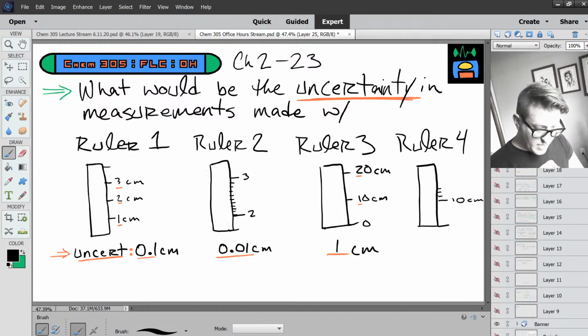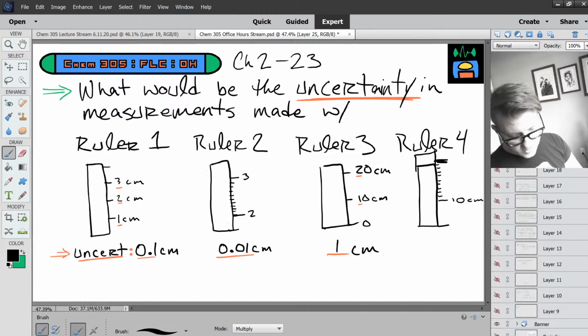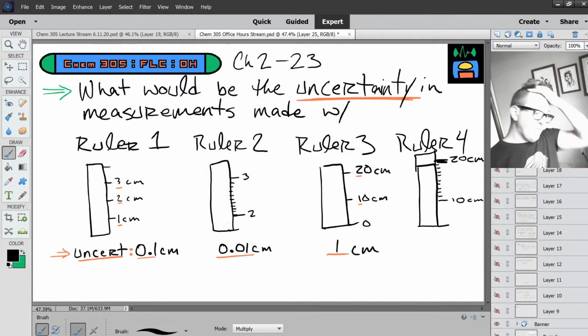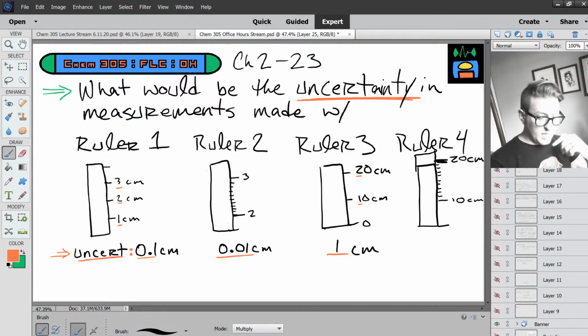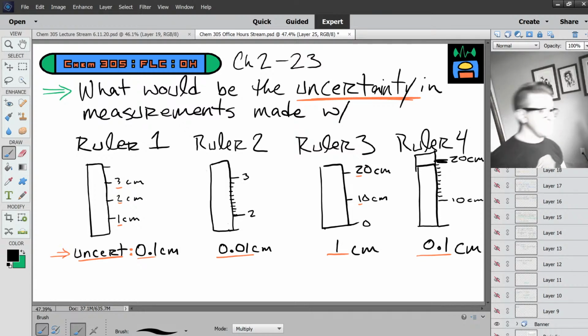Two, three, 4, 5, 6, 7. I'm going to make this ruler a little taller. You can see that ruler 4 again measures out to the ones place. So it would have uncertainty to the 0.1.